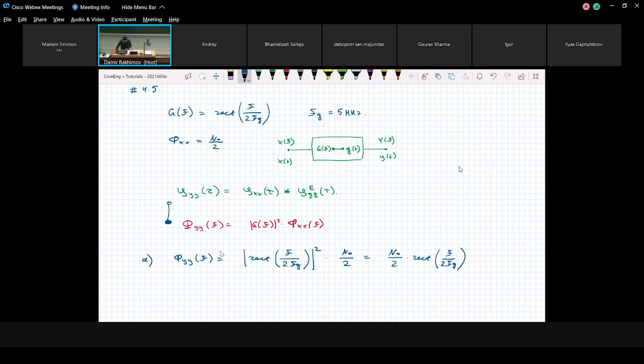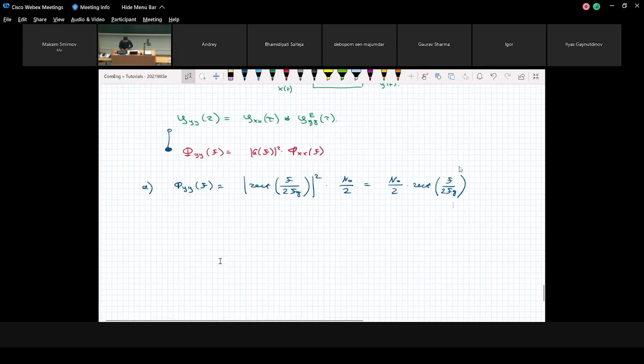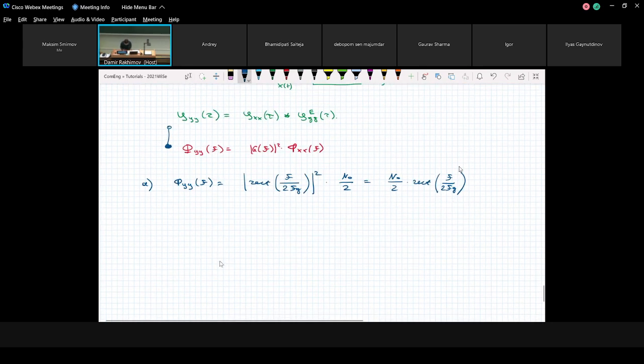Now we need to calculate the inverse Fourier transform in order to determine the autocorrelation function, going from the frequency domain to the delay domain. Here we have a function from our table of basic transforms.